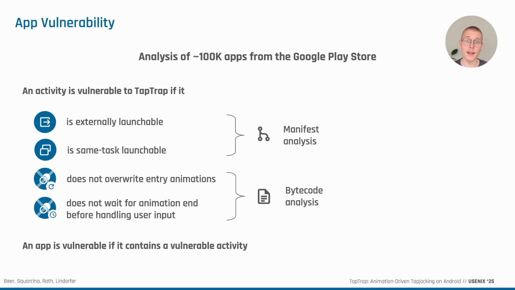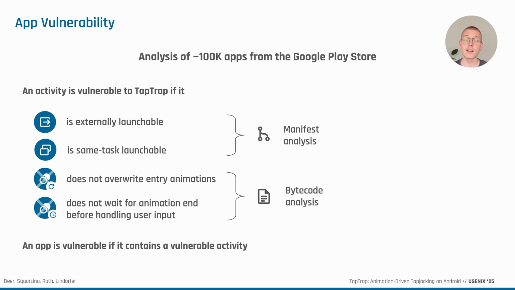Another criterion is that the activity does not override the custom entry animation. Because if an activity overrides an entry animation, then the activity would also override any animation that is passed in by the attacker. And then the fourth criterion is that the activity does not wait for an entry animation to finish before handling user input.